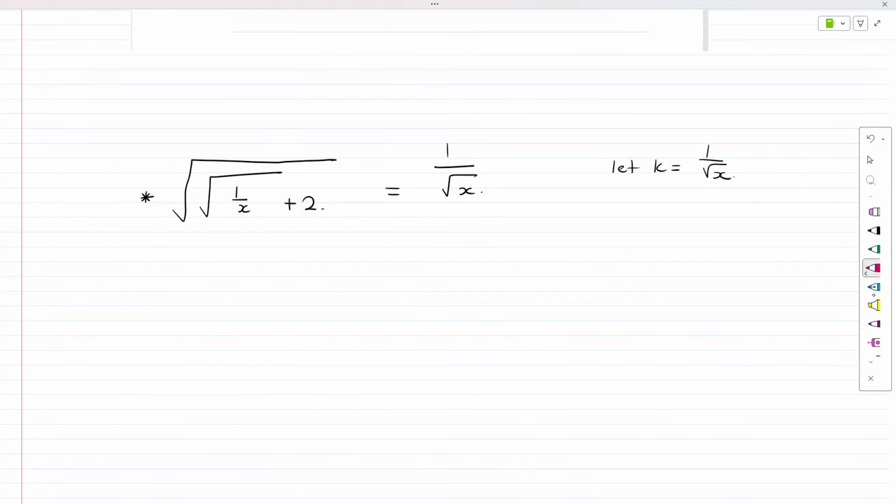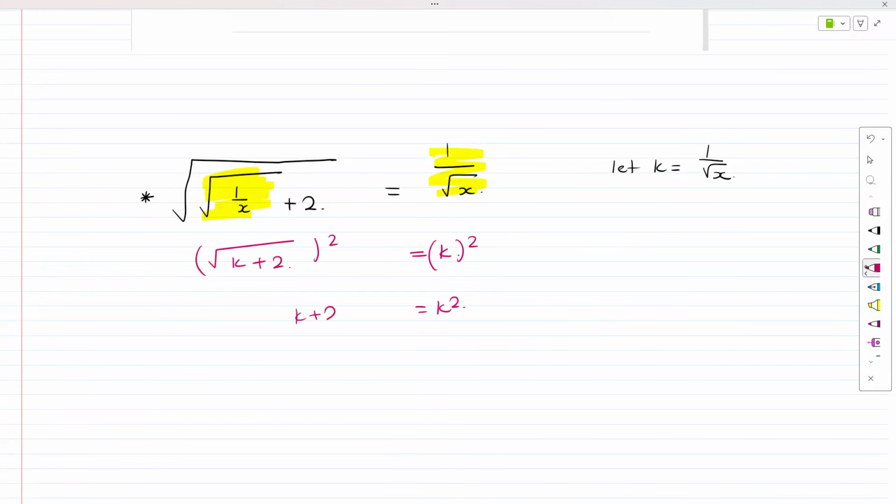So if we did that, you can see that this and this are exactly the same term, because root 1 is just 1 and root x is root x. So I think if you and I said this is k, and that's root k plus 2, that's all there is to this question, because I could square that, I could square that, and now I end up with k squared.